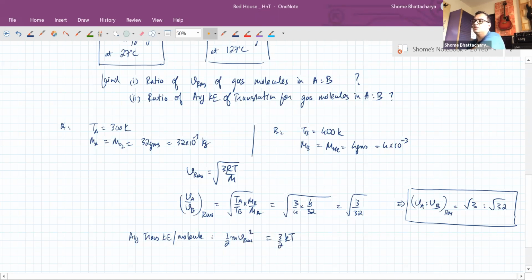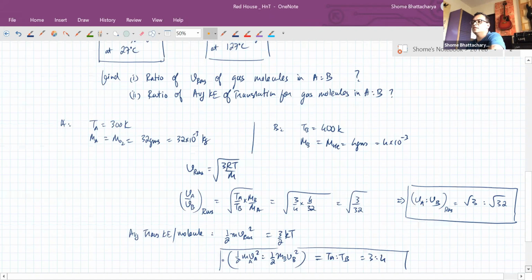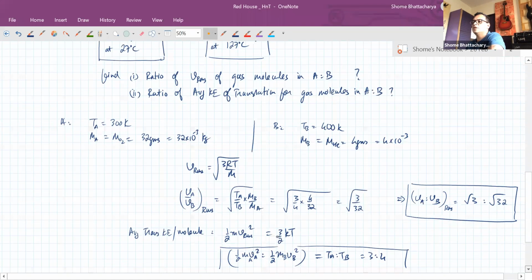So here, then it depends only on the temperatures. Okay. So half m A vA square is to half m B vB square. This quantity will just be the ratio of TA is to TB. So that's just 3 is to 4. So these are just some basic things about application of kinetic theory of gases. It should be 100% clear to you.